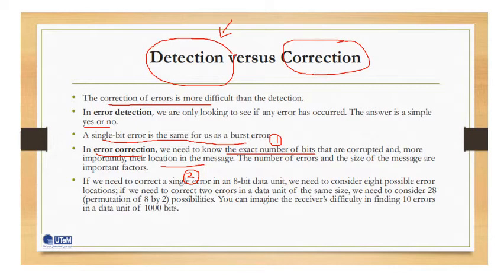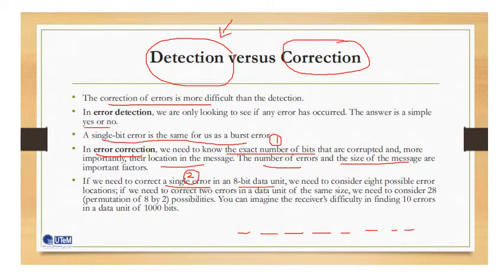Okay, so the number of errors and the size of the message are important, because when the size of the message is large, so many possible locations of the error need to be considered. Look at this example. If we need to correct a single error in an 8-bit data unit, let's say you have 1, 2, 3, 4, 5, 6, 7, 8.